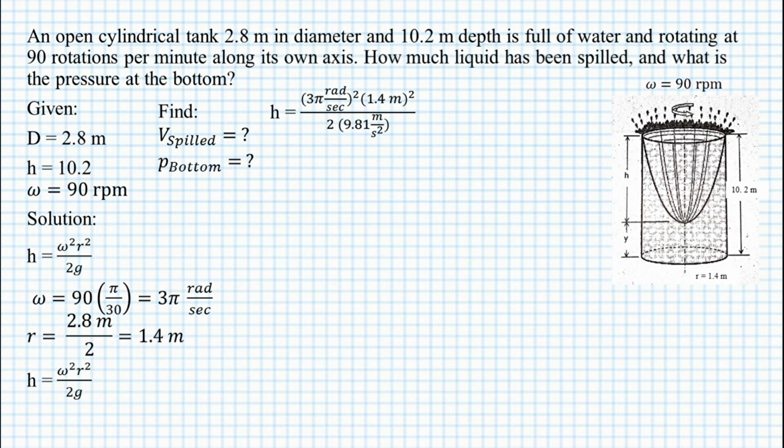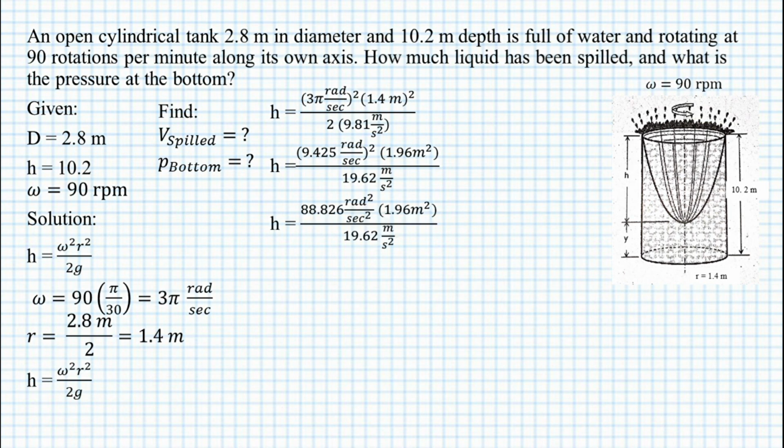We have the height, which is 9.425 rad per second squared times 1.96 meters squared over 19.62 meter per second squared. So we have 88.826 rad squared per second squared multiplied by 1.96 meters squared over 19.62 meter per second squared.